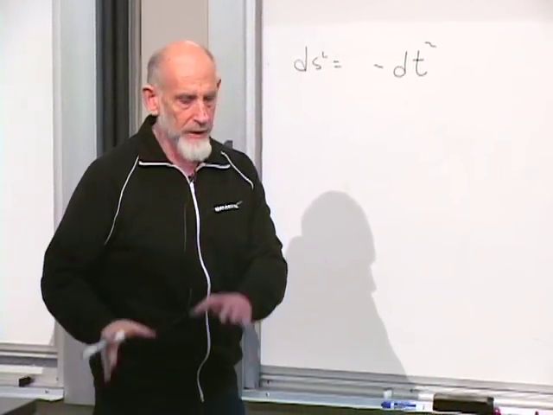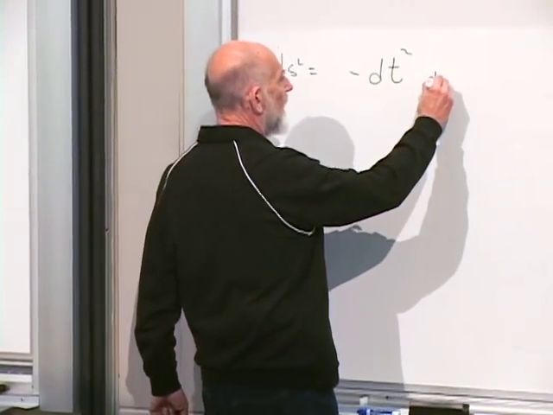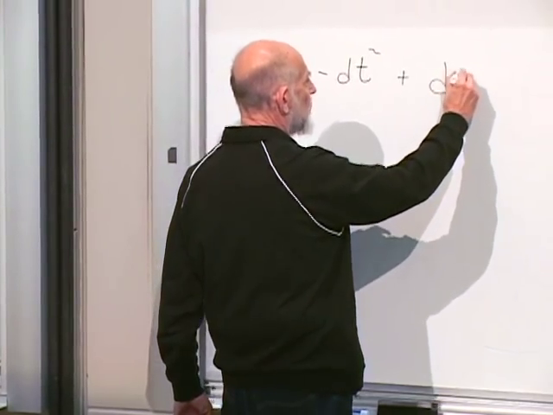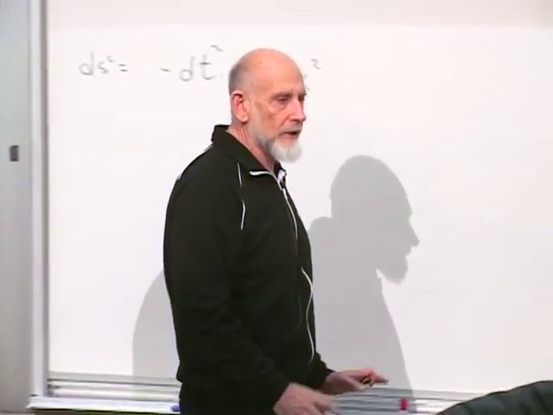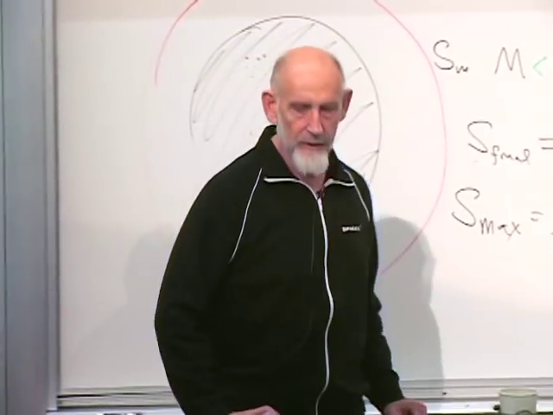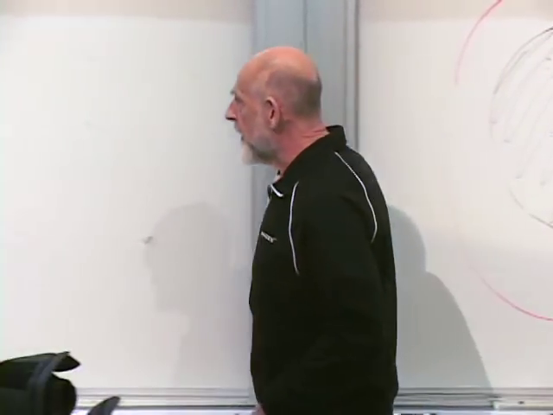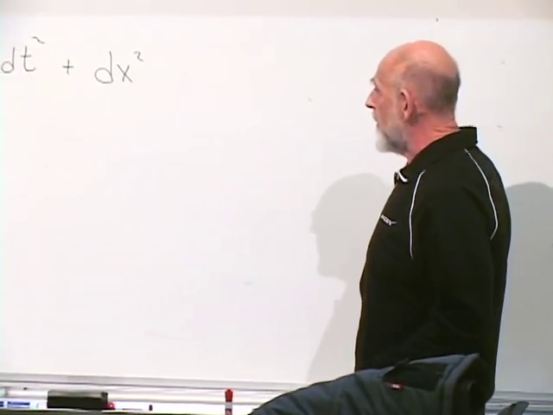Now, if I were just writing Minkowski space, I would write plus dx squared, where dx squared here stands for dx squared plus dy squared plus dz squared, which I'm not going to write down in general. It would be minus dt squared plus dx squared.